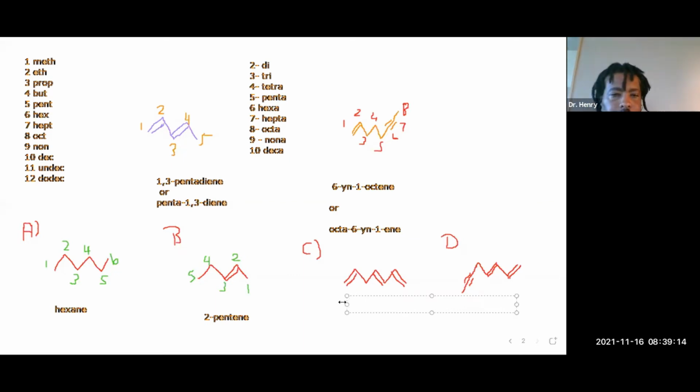Okay, what about C? Are we going to start counting from the left or from the right? Actually, let's do both so we can see the difference. We'll do blue starting from the left: 1, 2, 3, 4, 5, 6, 7.